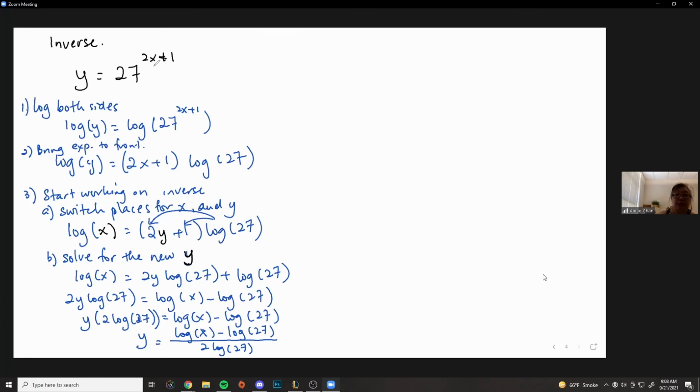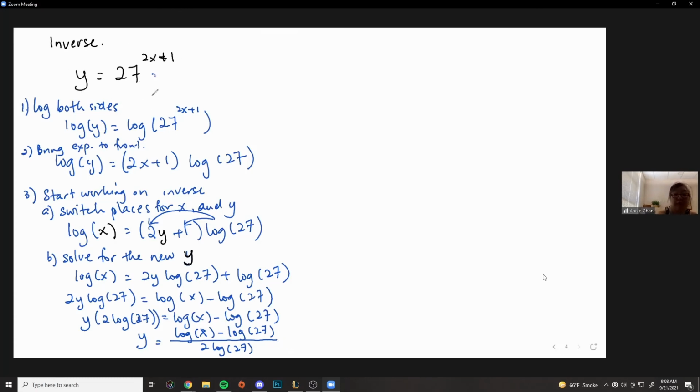Okay, so the inverse of this would be this. But you might want to write it back into this format. If they tell you to write it back into this format, if they don't tell you that, you can just leave it like that.